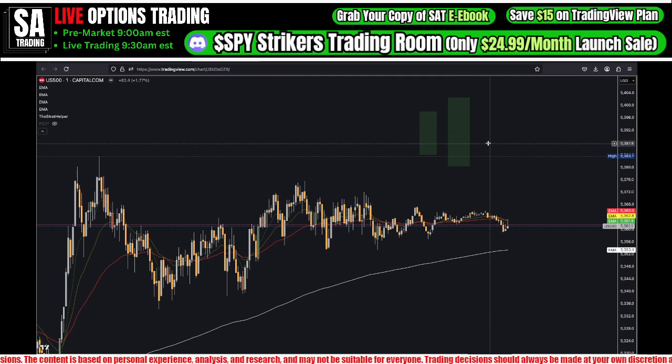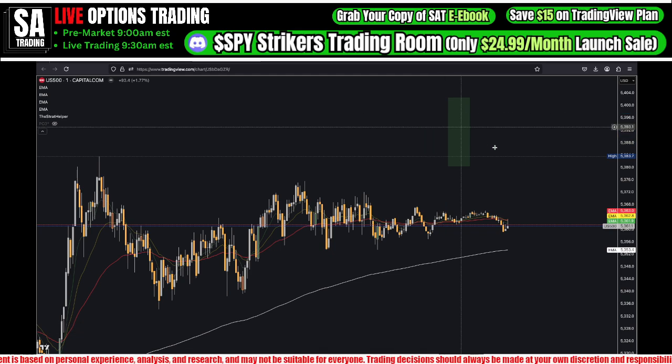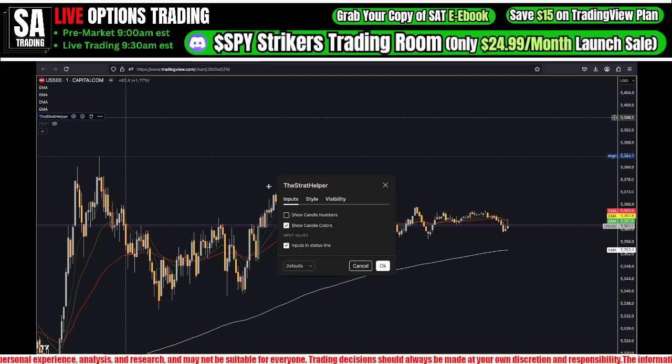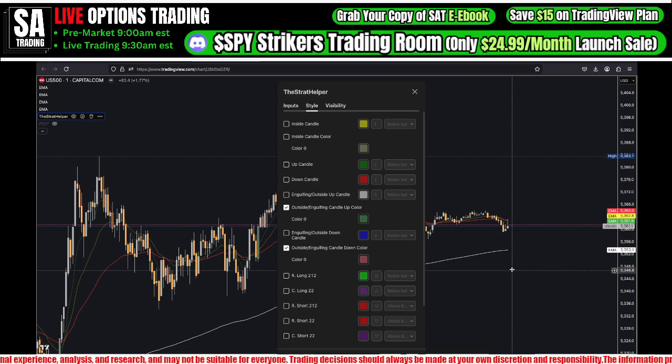That's where I generate them from, because of the 3 ups or the 3 downs. What that means is it takes out the entire range of the previous candle. So that indicator right there is called the Strat helper. The Strat helper allows me to identify what type of candles are forming and allows me to use the combinations. I don't use all the Strat combinations.